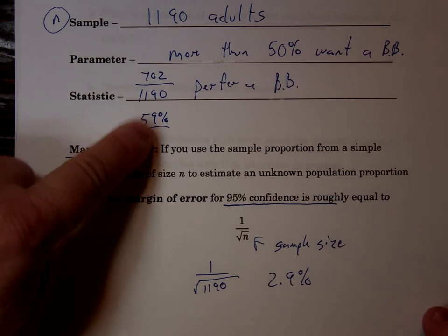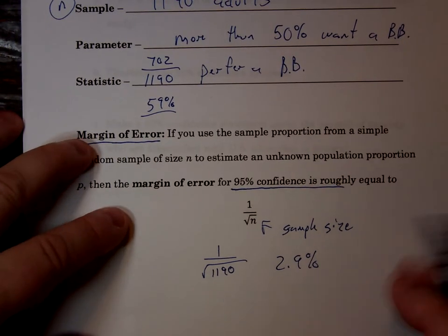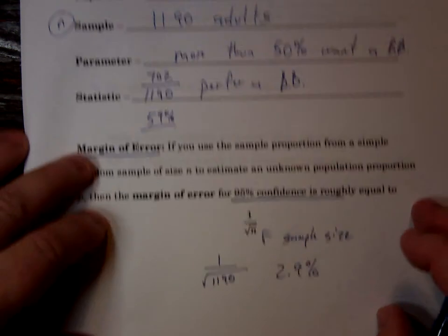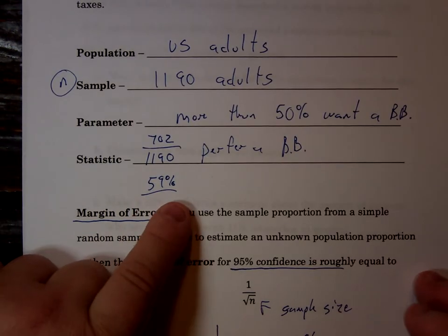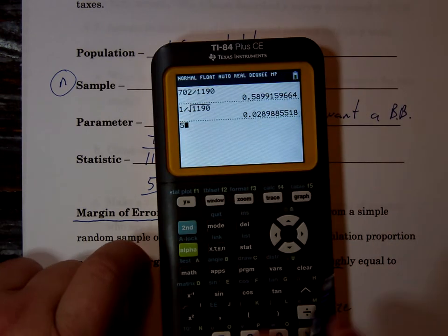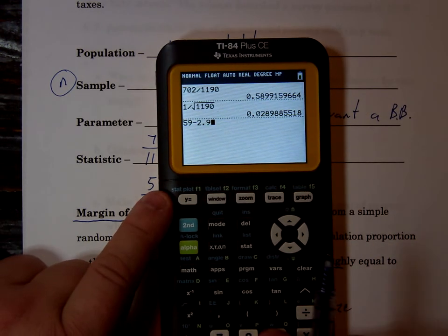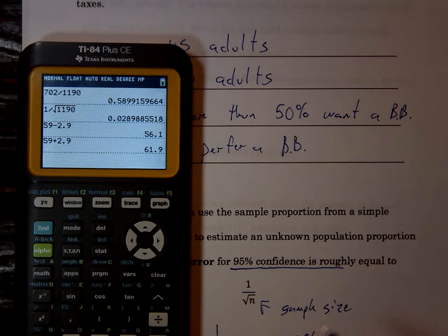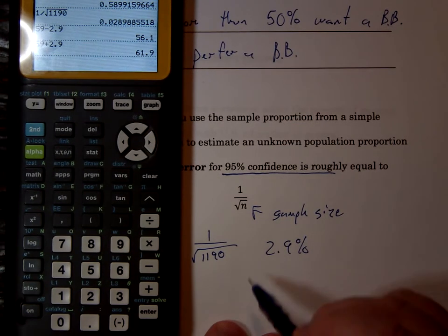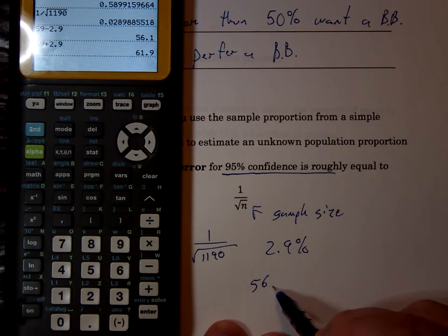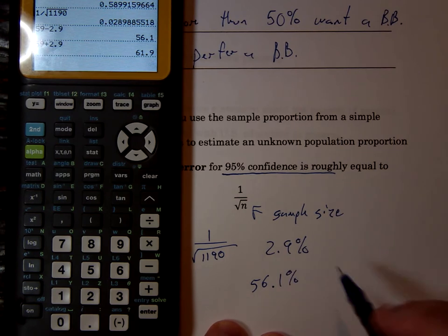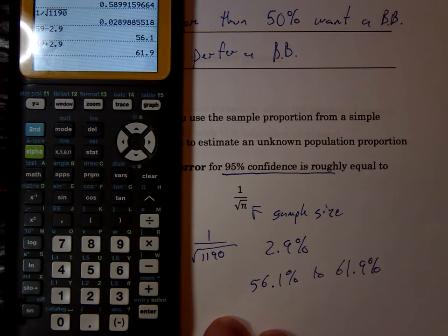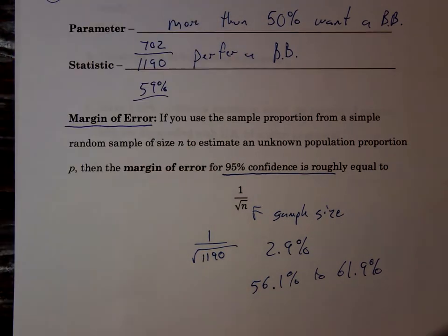So we could say that for this one, we are 95% sure that if we do 59 minus the 2.9 and 59 plus, we are 95% confident that if we redo this poll, we're going to get anywhere from 56.1% to 61.9% of the people wanting to balance the budget.